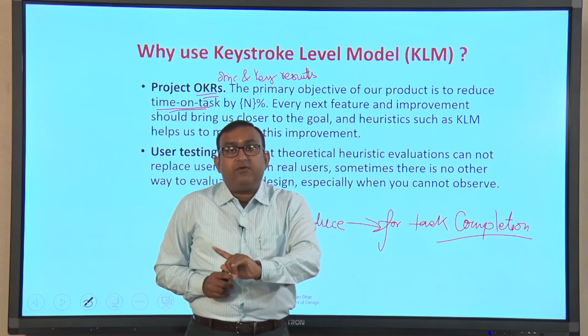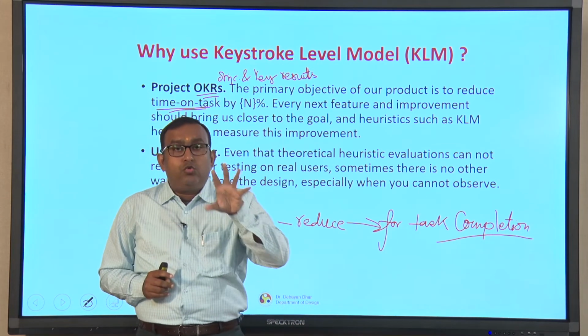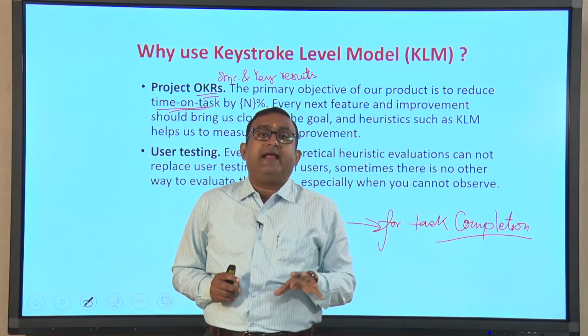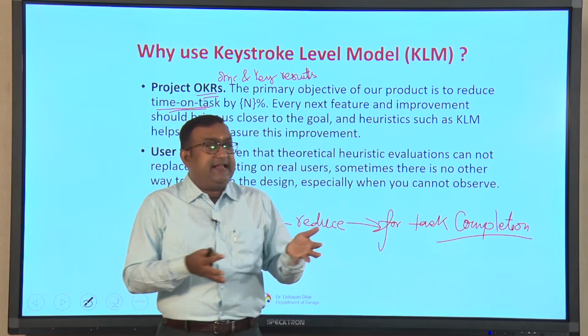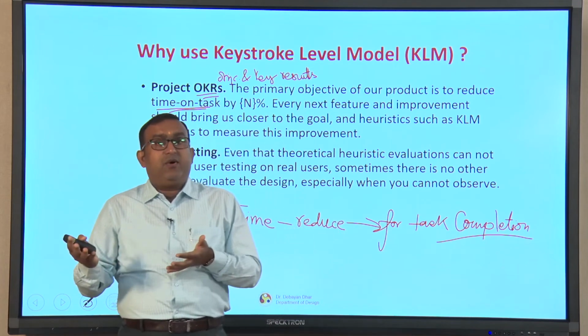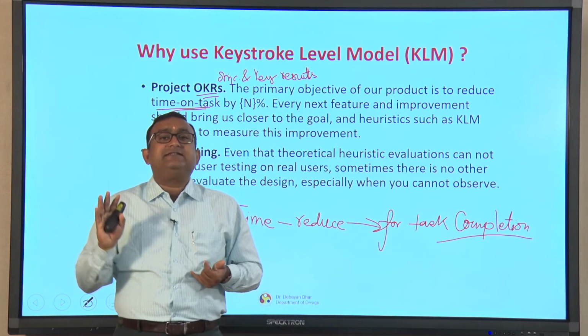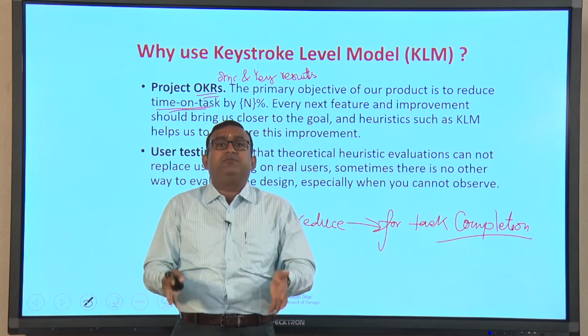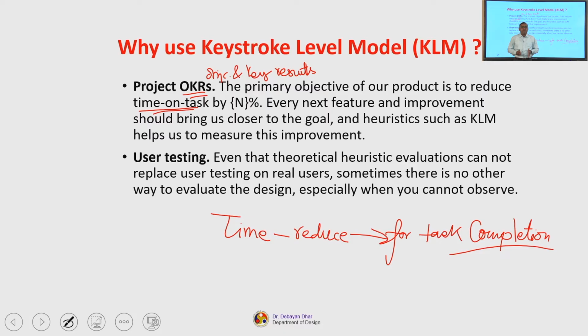So that instead of spending too much time focusing on the UI elements, he can ensure that there is a smooth run while he is using the interface and he reaches his objective in the quickest possible time. So, every next feature and improvement should bring us closer to the goal. Us means the designer, to the goal, and heuristics such as the keystroke level model help us to measure this improvement.